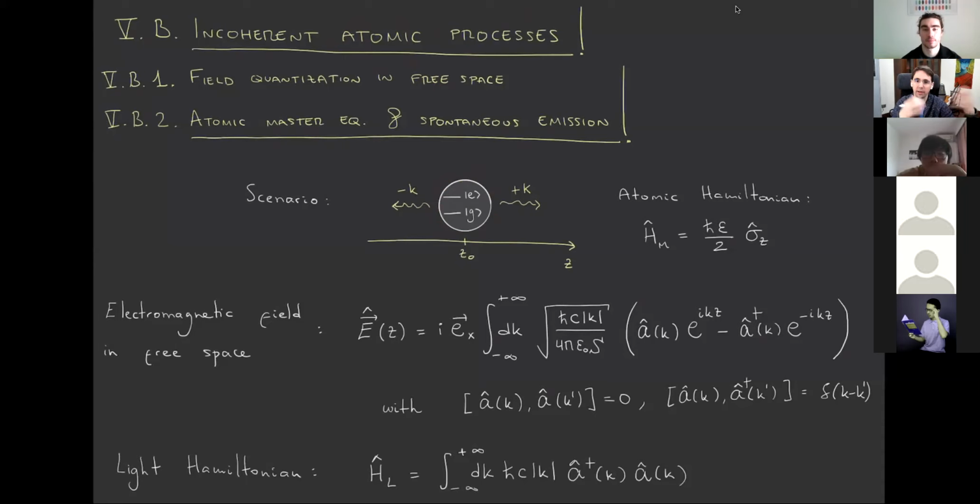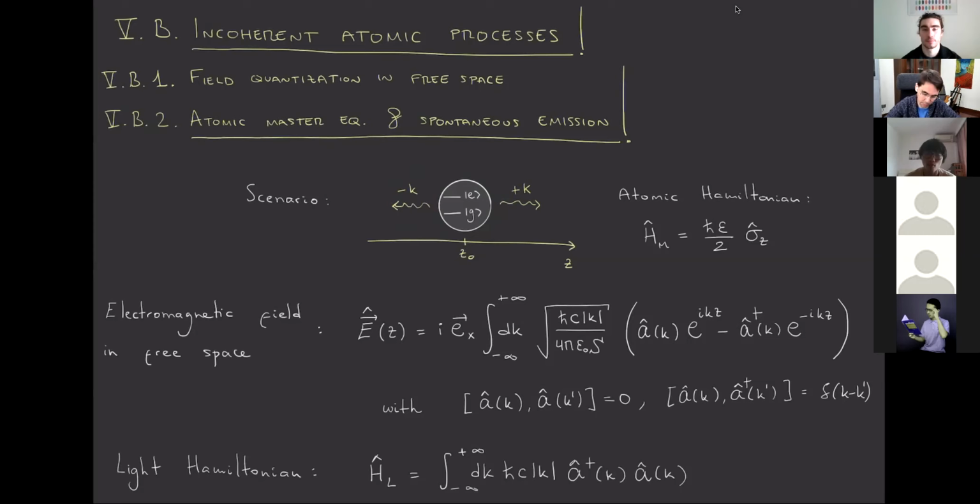Just like in the cavity, where we had a cavity coupled to the external modes through a partially transmitting mirror, here the atom is also coupled to a continuum of modes. But now the modes of the electromagnetic field, the ones moving to the right and the ones moving to the left, are independent.